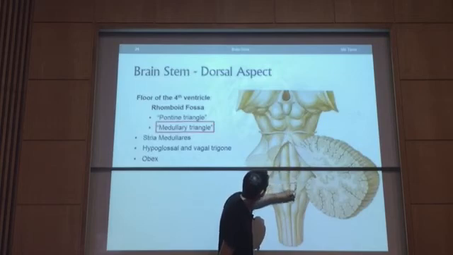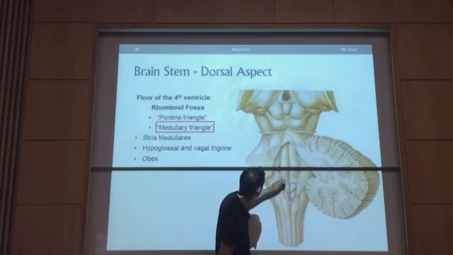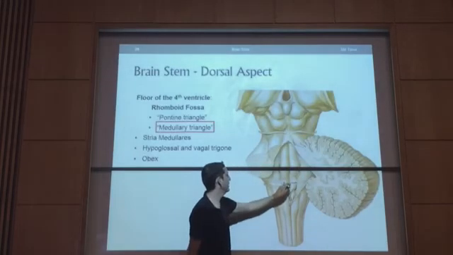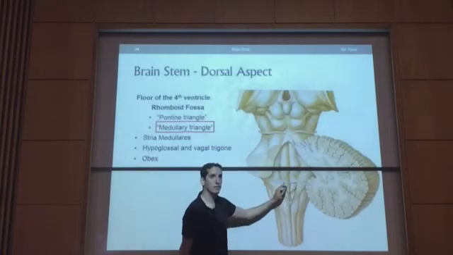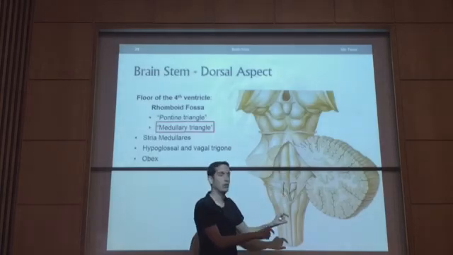It looks like this in this drawing, but actually it's sometimes more like this. You'll see it in the lab. The hypoglossal is more medial, and the vagal is more lateral. But the hypoglossal is a bit more superior, and the vagal is a bit more inferior.